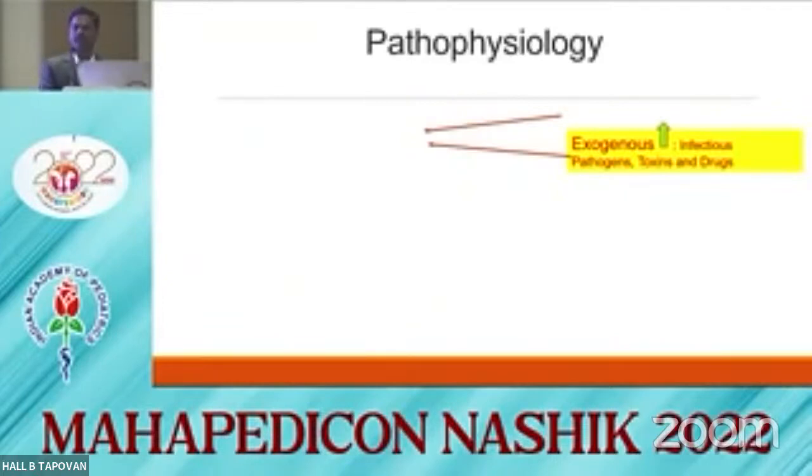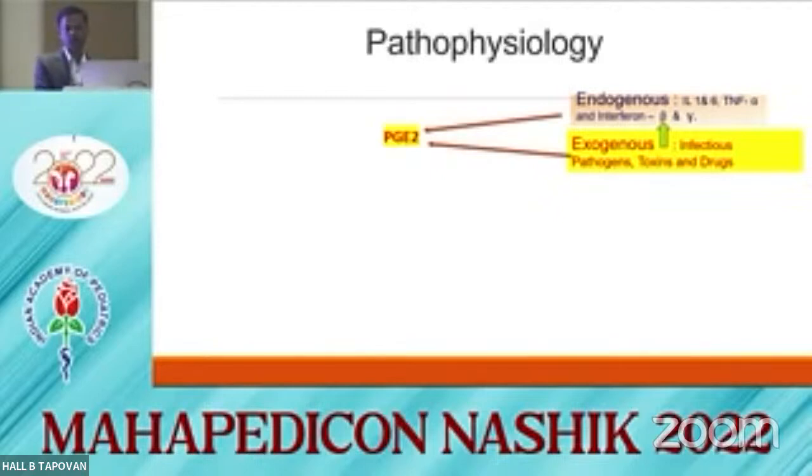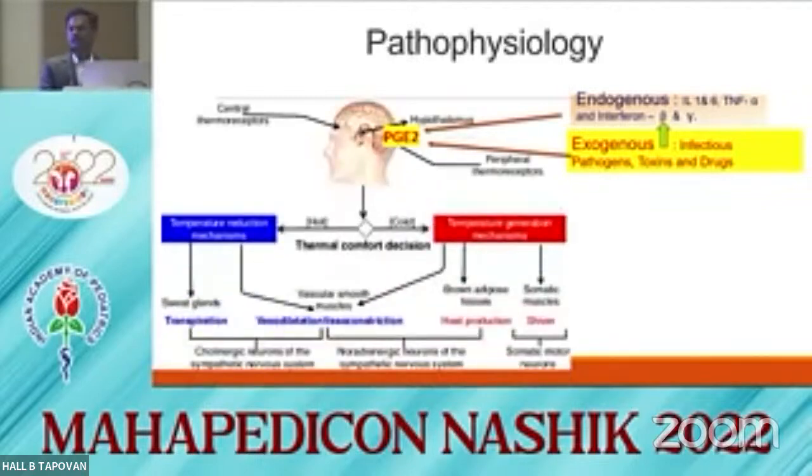All these may directly stimulate PGE2, or they may invade the body and cause endogenous stimulation of pyrogens like interleukin 1, interleukin 6, TNF alpha, interferon beta and gamma, leading to production of PGE2, which changes the hypothalamic set point to the higher side and generates different mechanisms in the body to produce heat. That means if there is an infection or internal pyrogens, and you want to decrease the fever, you have to use a drug which acts at the PGE2 site.